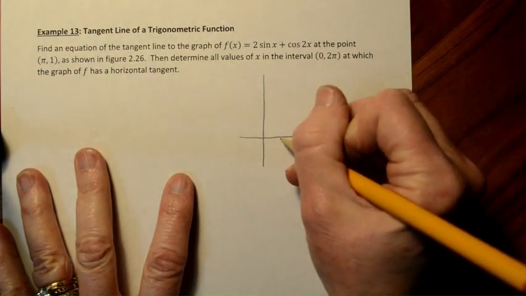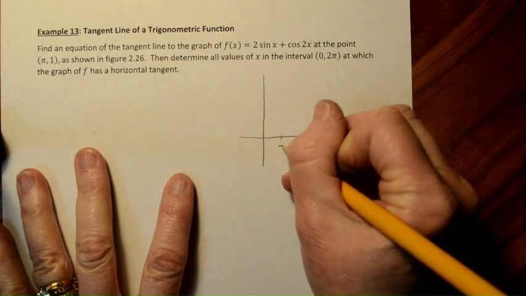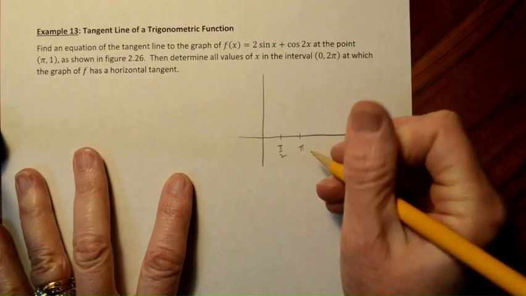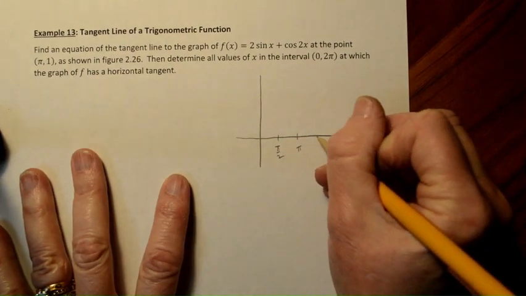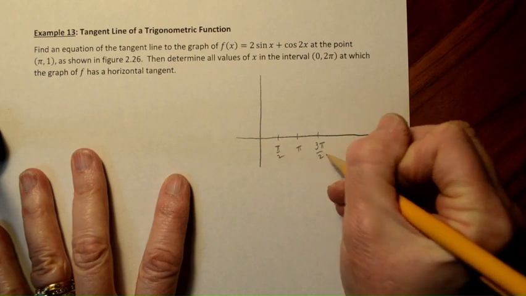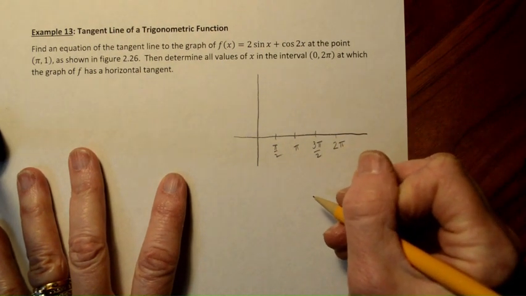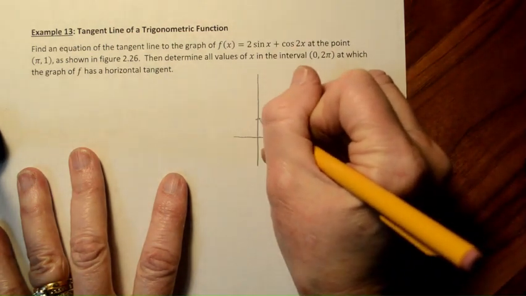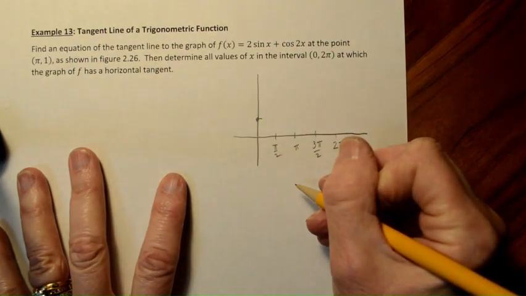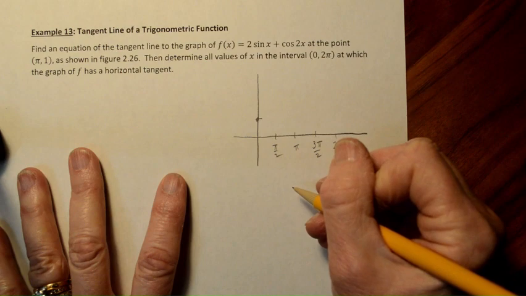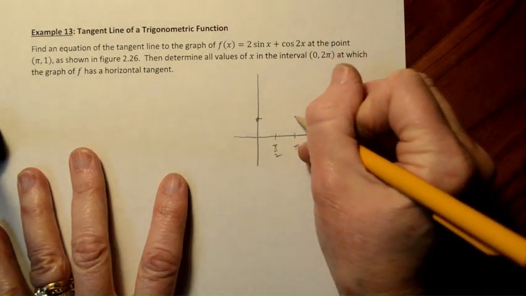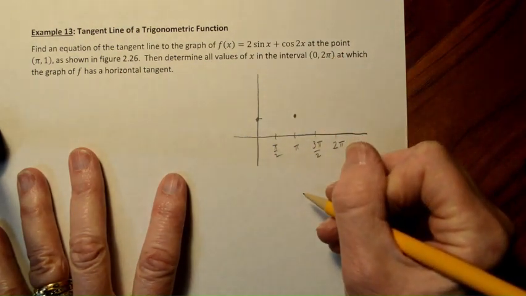So we've got pi over 2, pi, 3 pi over 2, and 2 pi. And then at 0, it's 1. And then, again, I'm going to maybe butcher this a little bit. I'm going to try to draw it as accurately as possible.